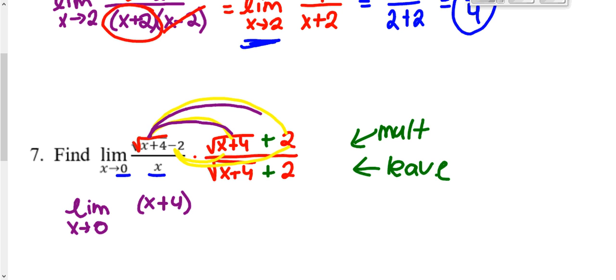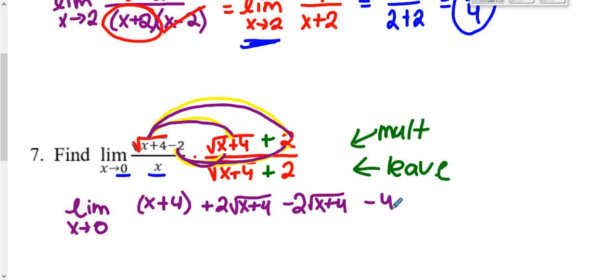Remember, then we have the outside 2 plus 2 square root of x plus 4, the inside 2 minus 2 square root of x plus 4, last 2 minus 4. This will always happen that those 2 middle terms right here are identical, just with opposite signs, so they will cancel. We'll leave our groups on the bottom.